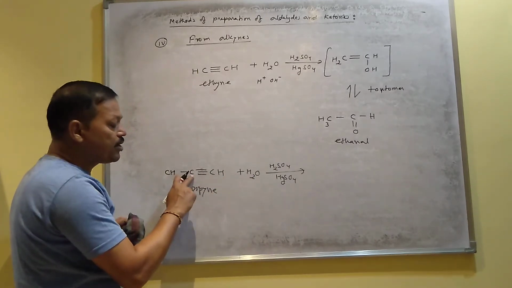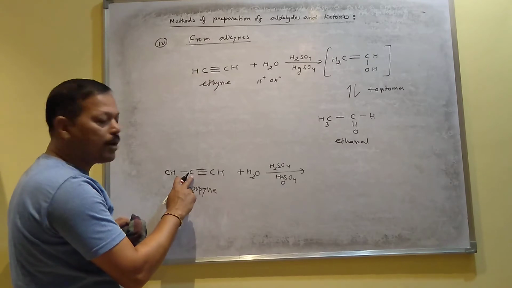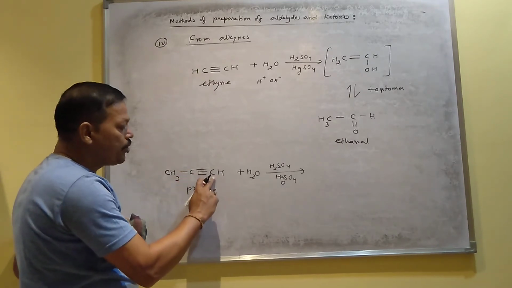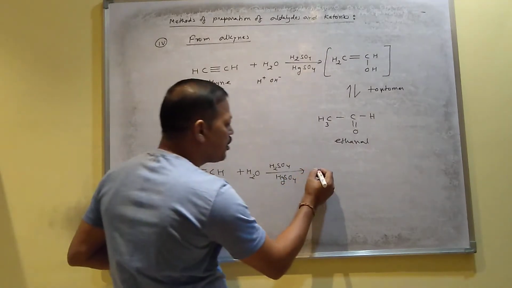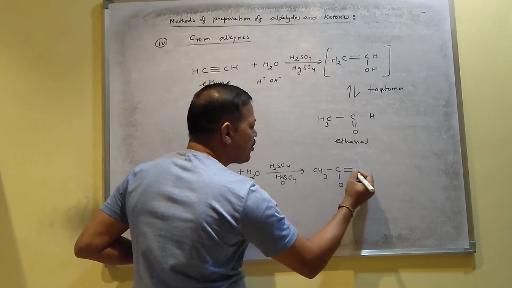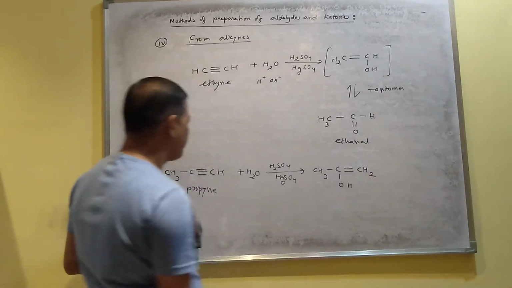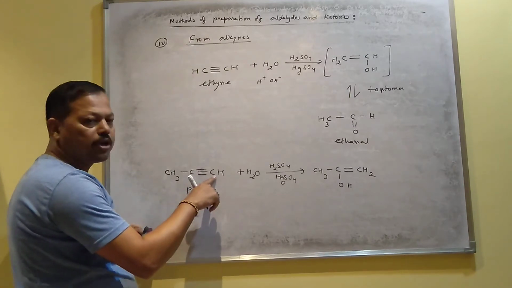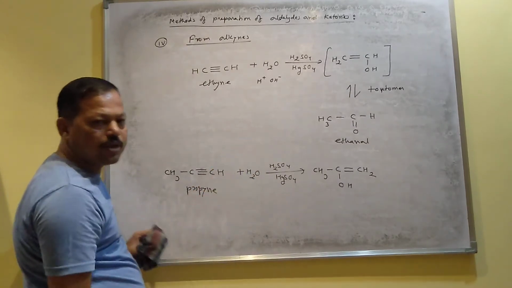The negative ion is added to that triple bonded carbon which contains a lesser number of hydrogens. So OH will be joined here, and hydrogen will be joined with this carbon. So that is why you will get this one, double bond CH2. OH is joined with this carbon, hydrogen is joined with this carbon, and the triple bond is converted to a double bond.